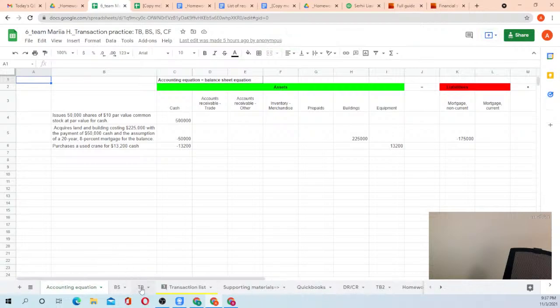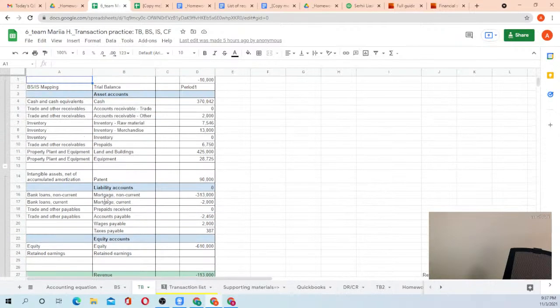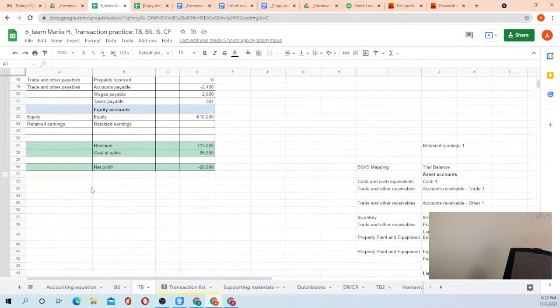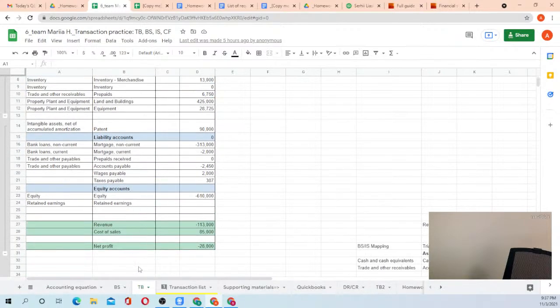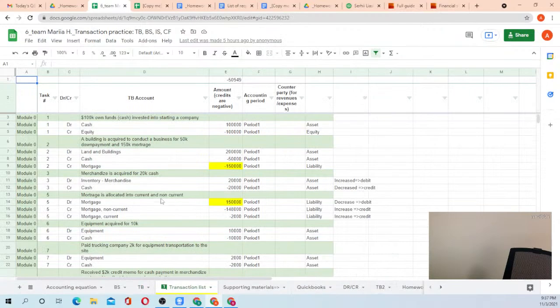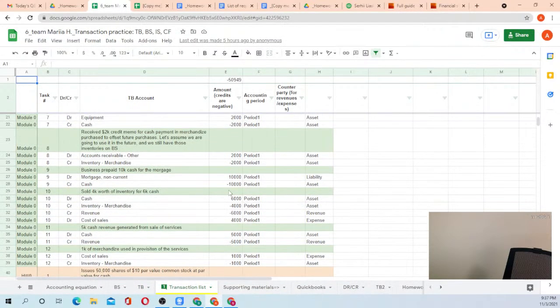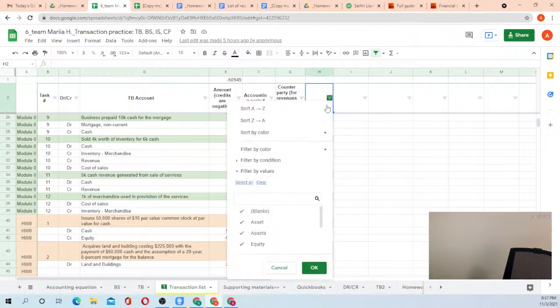Okay, she has a trial balance here. In her trial balance there is no, is it a trial balance or a balance sheet? Transaction list. Expense, revenue.